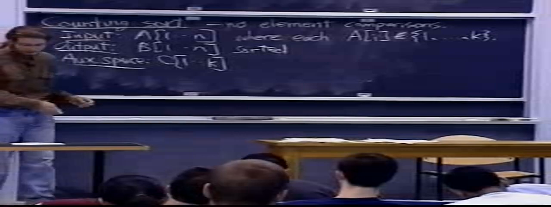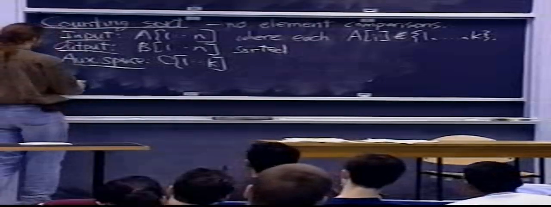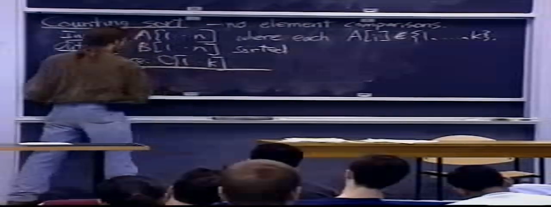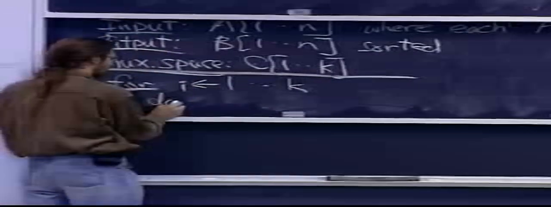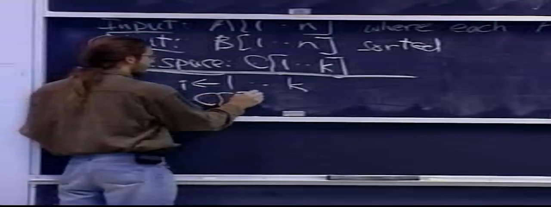Maybe I'll use 2 boards vertically aligned. That would be clever. So the algorithm is, the first thing I do is not very exciting. I'm just going to initialize C. I want to get all the labels right here.